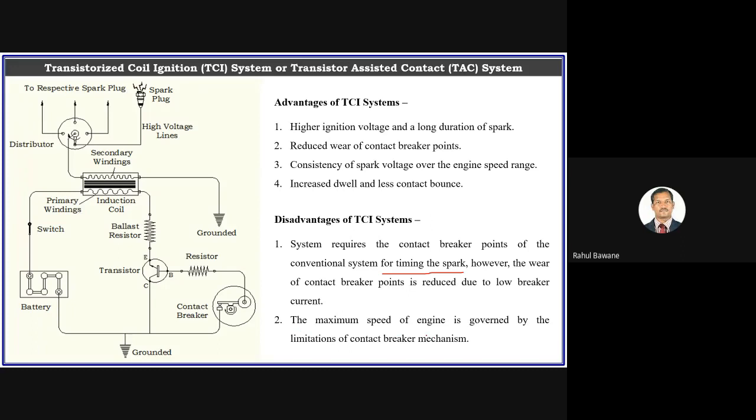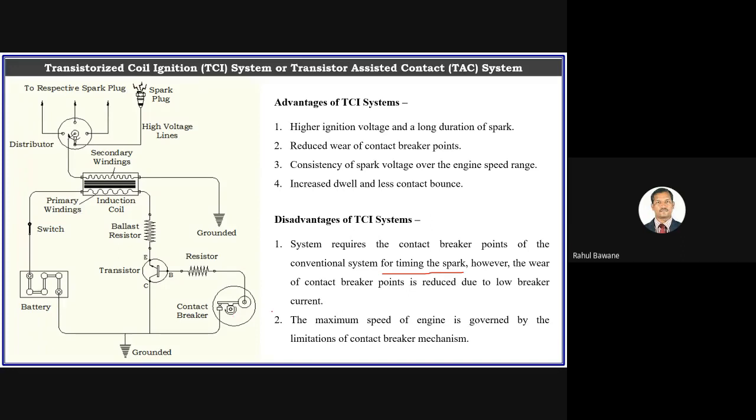The maximum speed of the engine is governed by the limitation of the contact breaker mechanism. As I said, the speed is limited by the contact because it is a mechanical part. So there is a limitation to open and close. You can't go with increasing speed and expect your mechanical part to open and close at the same rate.